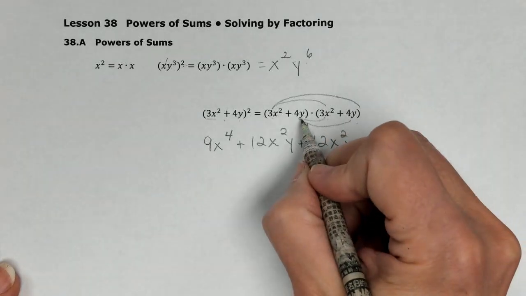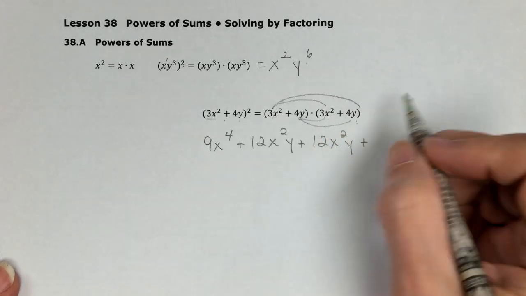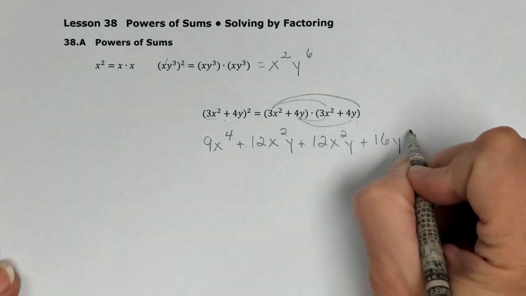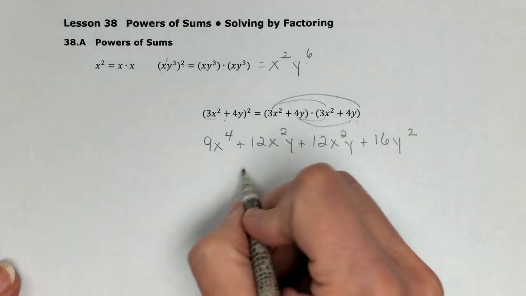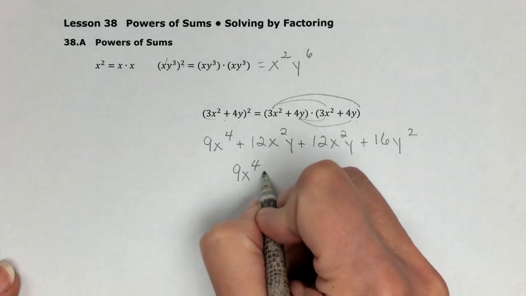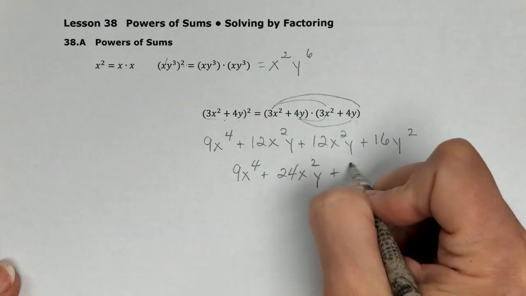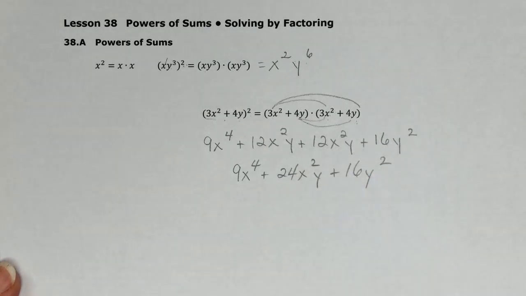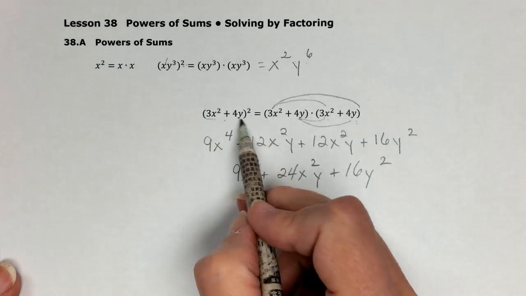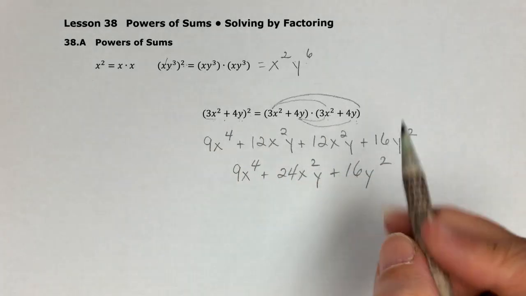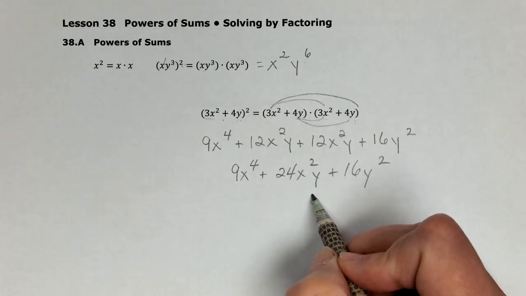And then the last is 4y times 4y, which is 16y squared. Add the like terms. Okay, and you see that you cannot just square both of these terms because then you're missing that entire middle term. It would not be the same.